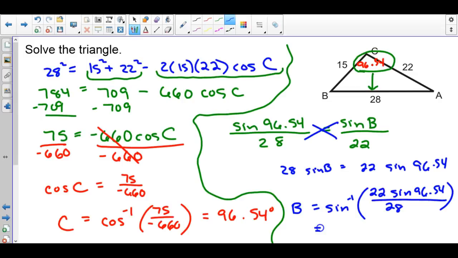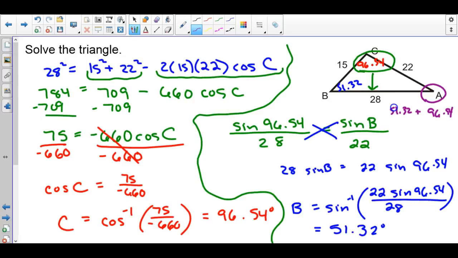I would close my parenthesis, put divided by 28, and then I'm getting that angle B is 51.32 degrees. So I'm going to now fill that in up here, 51.32. And then lastly, if I want to figure out what angle A is over here, I know that these three are going to sum to 180. So I can take my 51.32 plus 96.54.